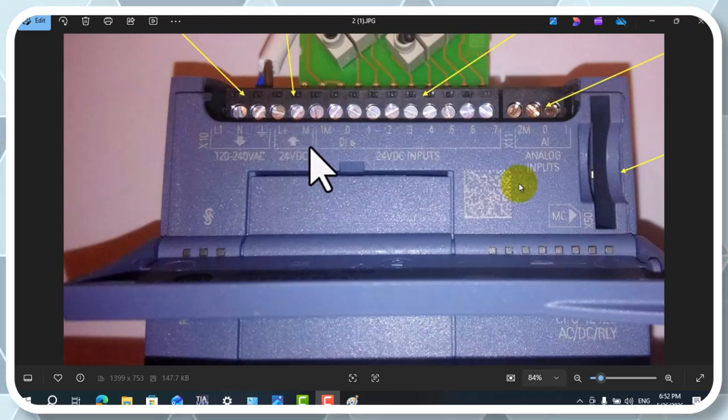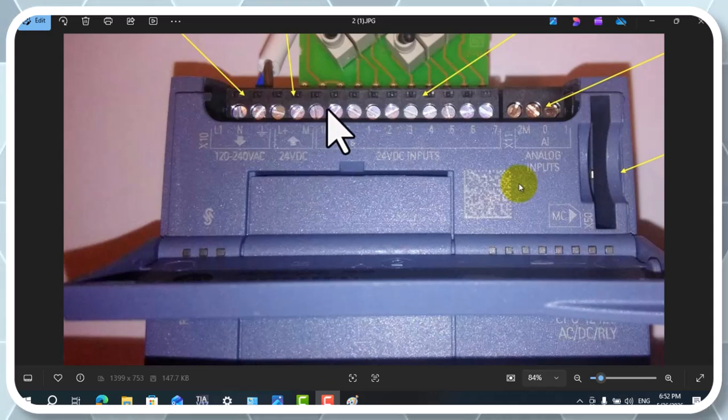It's our output. We will talk about L plus and M minus in our next videos. And also, my friends, this course is a most practical course. But before, I want to explain some basics about the PLC.